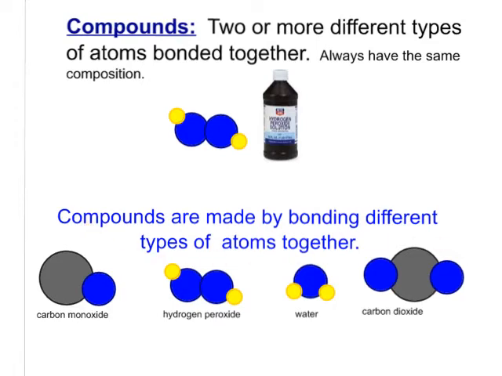Compounds are made by bonding different types of atoms together. So here we have a carbon and an oxygen. That gives us carbon monoxide. Here's water, an oxygen and 2 hydrogens. And those are all different compounds because they have different types of atoms bonded together.